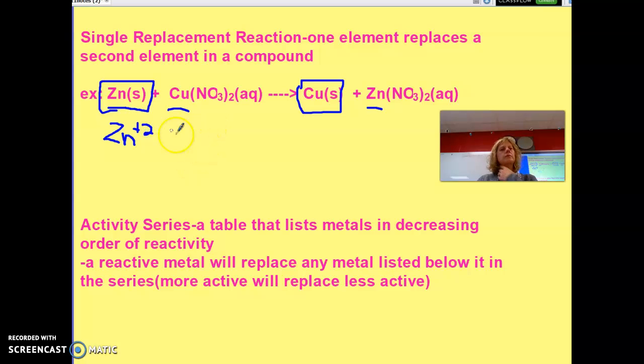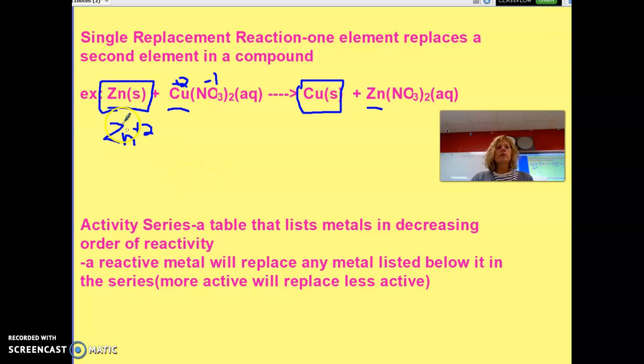A little bit tricky here. There's more than one form of copper, and this does get a little tricky, but I can figure out which copper it is based on this formula, because if I look up the nitrates, this NO3 is a -1, but I can see that it took 2 of these to cancel the charge of the copper, which means that this must be copper with a 2 plus charge.